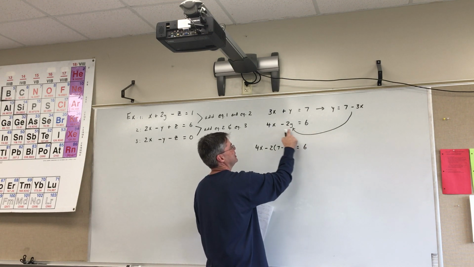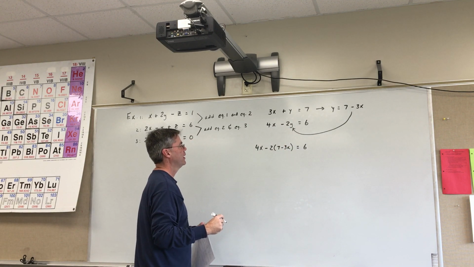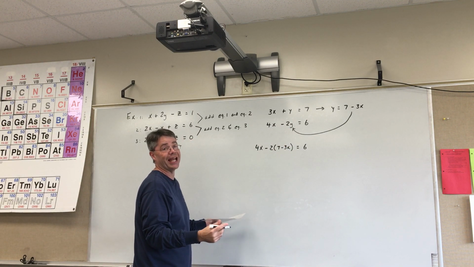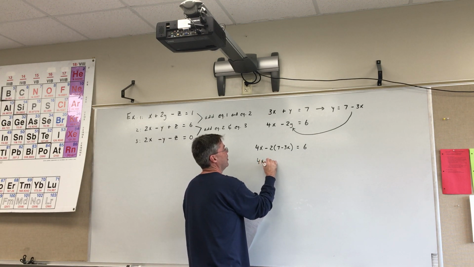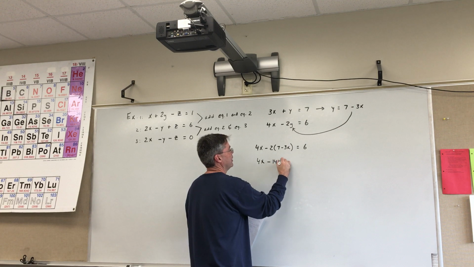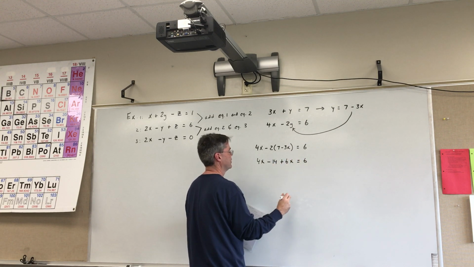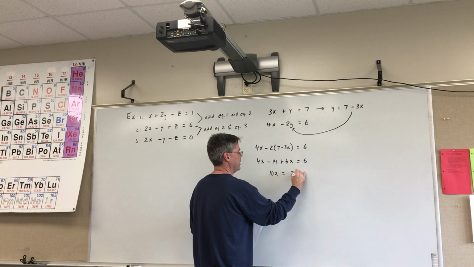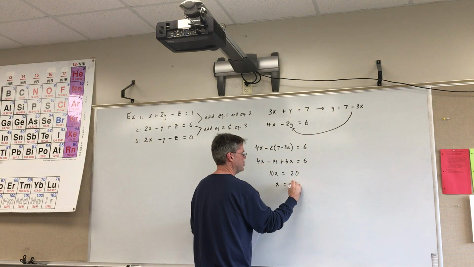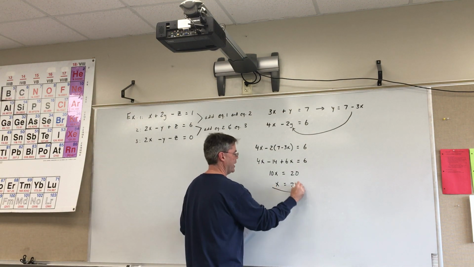So again, I just plug 7 minus 3x into this y. And now we've got an equation that only has x's in it. Okay, so we'd have 4x minus 14 plus 6x is equal to 6. So we'd have 10x is equal to 20. So x is equal to 2. So we've got our first solution, x is equal to 2.